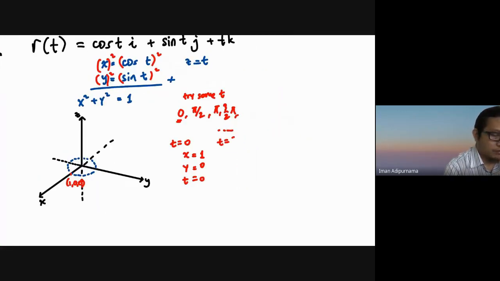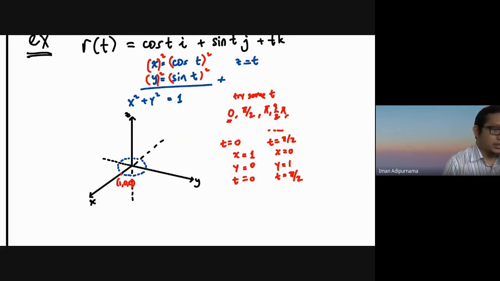And then try t equals pi/2. Cosine becomes 0, and sine becomes 1, and t is just pi/2. And now to help sketch the cylinder, let's make a line here for creating the cylinder for x squared plus y squared equals 1, like we did in the previous chapters.